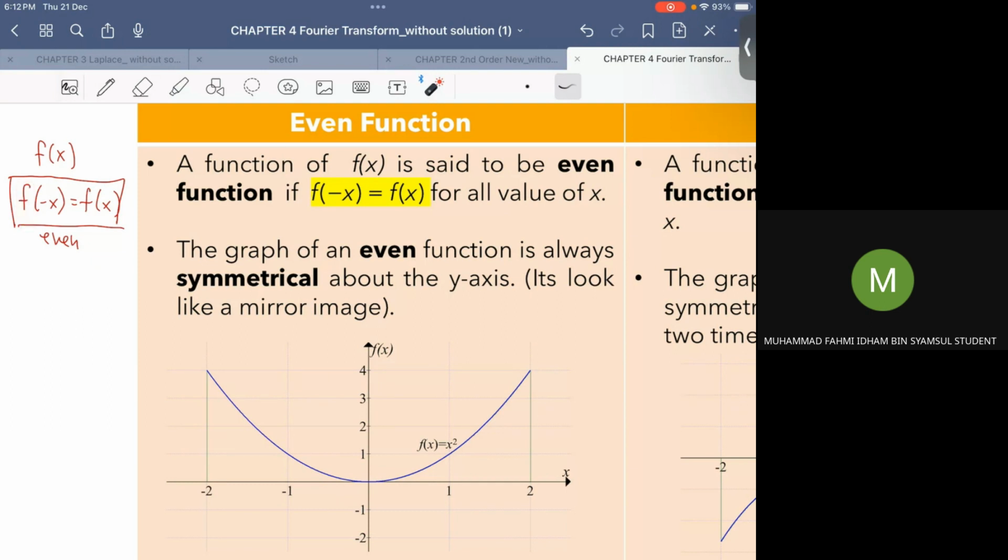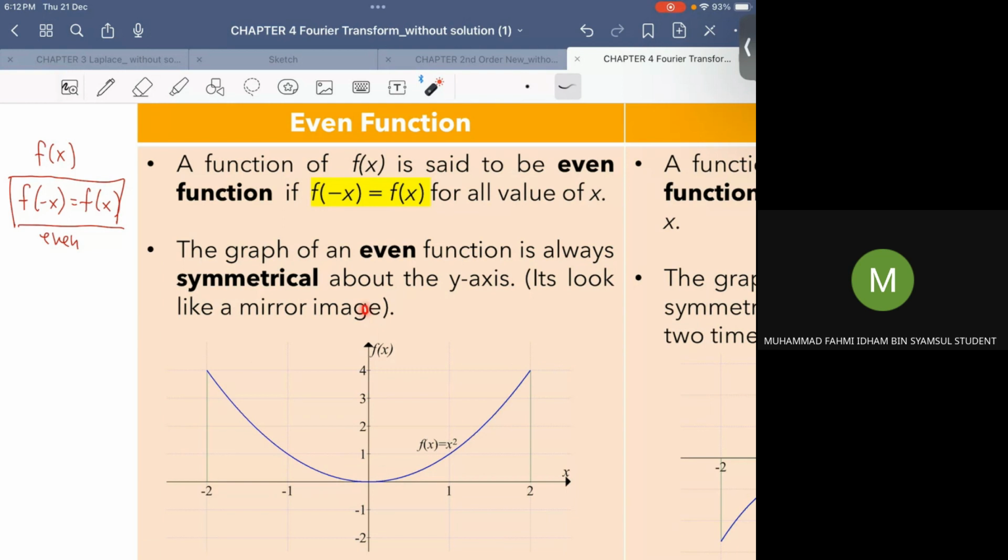f(-x) equal to f(x). And when we try to plot, the graph is always symmetrical about the y-axis. So now you observe that this is the y-axis. So this graph is symmetrical to the y-axis. So when you try to draw the other half, it is symmetrical, it is like a mirror image.